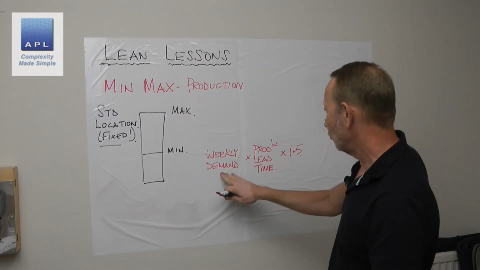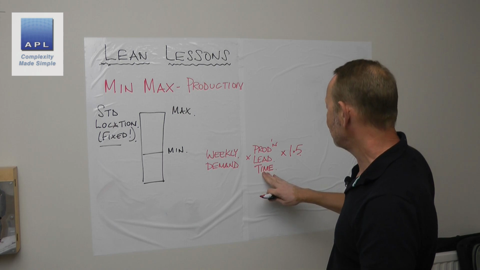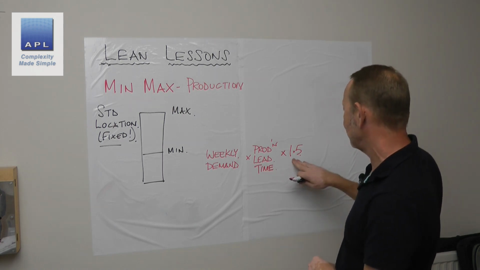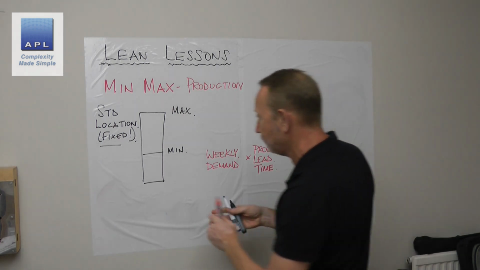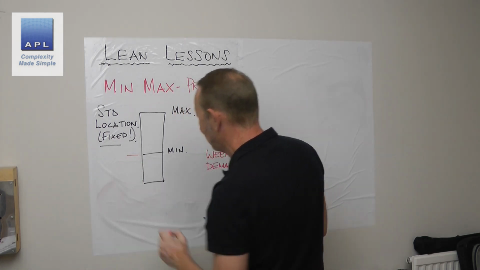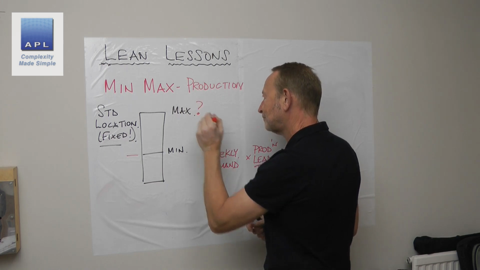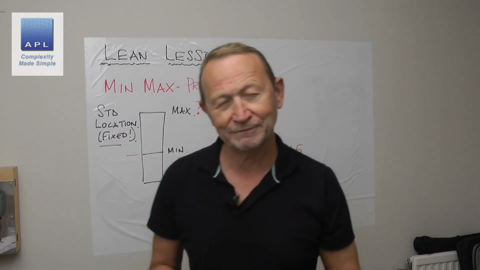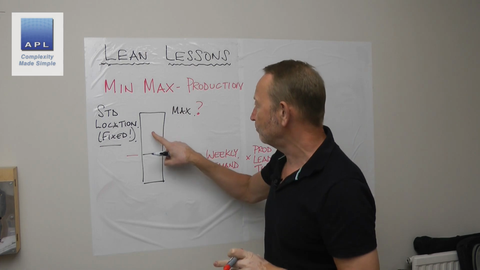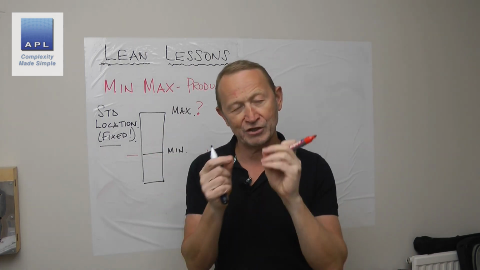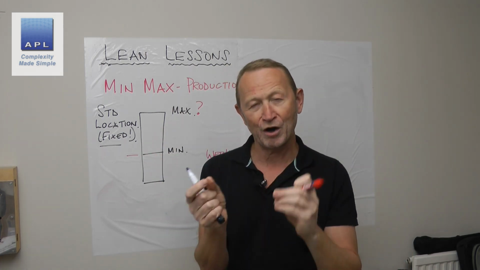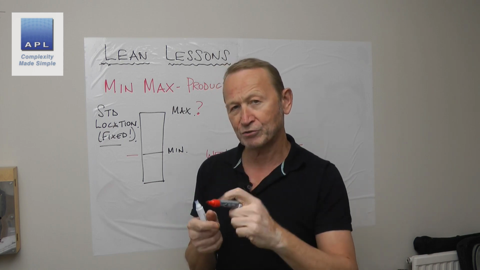So the minimum is the average weekly demand times the lead time in weeks, multiplied by 1.5. There is your minimum level. Now then, the maximum level. How do we get that? Well, this could be the batch size that the production department wants to produce.